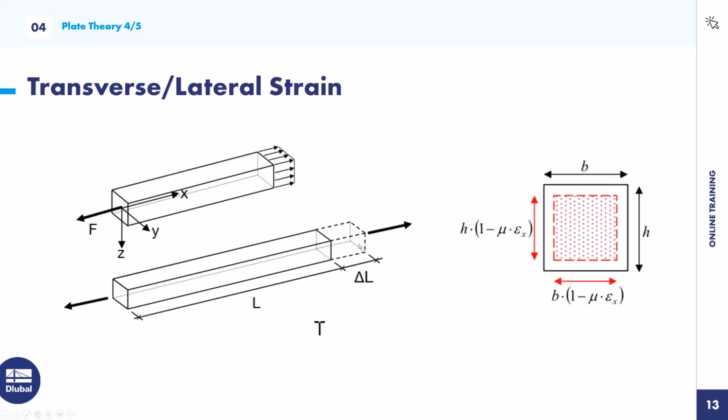So the beam gets longer, but it also shrinks in size. That's about the Poisson's ratio. Poisson's ratio is just the ratio of the transversal strain compared to the longitudinal strain.